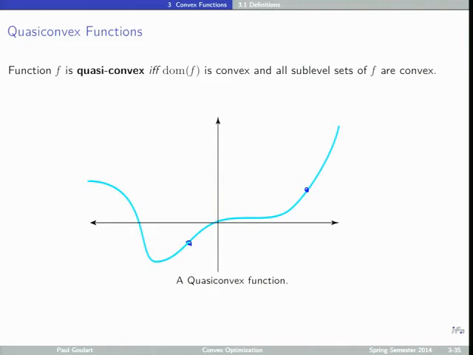So the function is not a convex function. But if you give me any value, say you pick this value right here, and I look to see what are all of the points on the curve that have exactly that value, then I get that point and that point. So I should think about this point right here and this point right here.